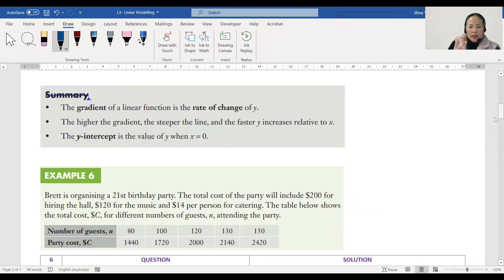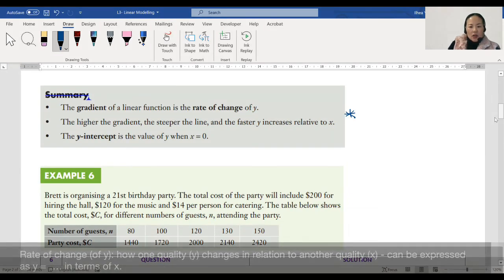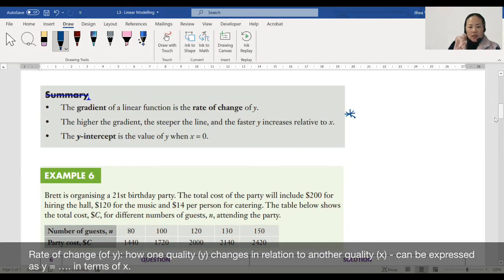Now, summary here, let's have a look. Gradient of a linear function is the rate of change of y. Now, what does it really mean? It's just like y equals something, something, something. That's what it means. Rate of change of y. If it was a rate of change of c, it would be c equals something, something, something.